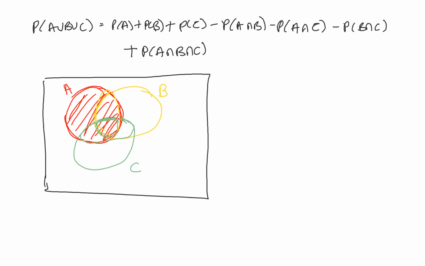So that's why it's important to take out A intersection B, which is this side. Let's take it out. Then we take out A intersection C, which is this side. Then we take out B intersection C, which is this side.